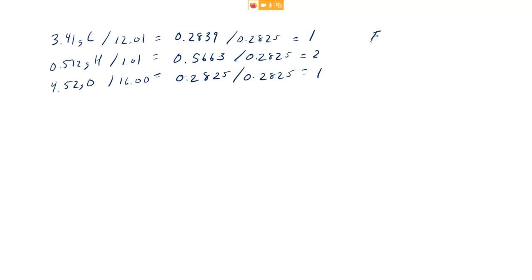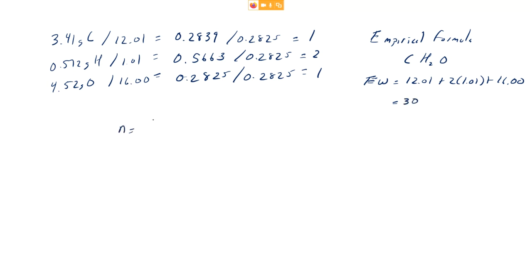So that means my empirical formula is CH2O. And my empirical weight is 12.01 plus 2 times 1.01 plus 16.00. So 12.01 plus 2.02 plus 16 is 30.